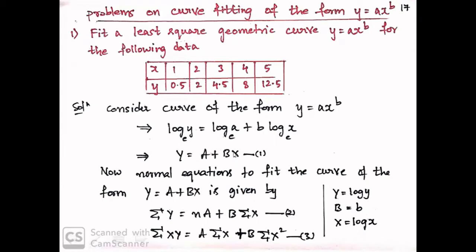Now we know how to write the normal equations for the straight line. So we write down the normal equations to fit the curve of the form Y is equal to A plus B into X, and it is given by summation Y is equal to n into capital A plus B into summation X as the first normal equation, and the second one is summation XY is equal to A into summation X plus B into summation capital X square. So these two are the normal equations.